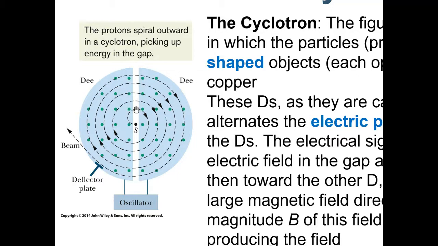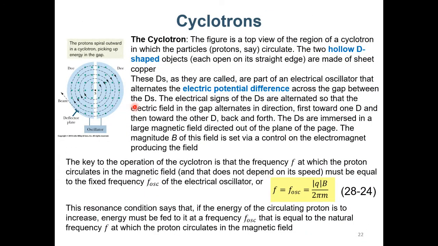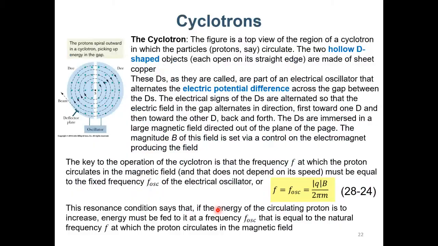So you can see that if v increases a bit, r also increases a bit, because m, q and B remain unchanged. So in this case, the particle will go spherically.